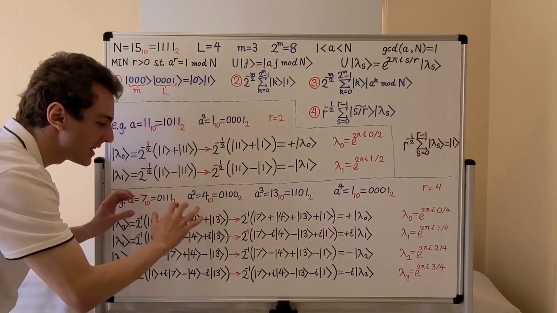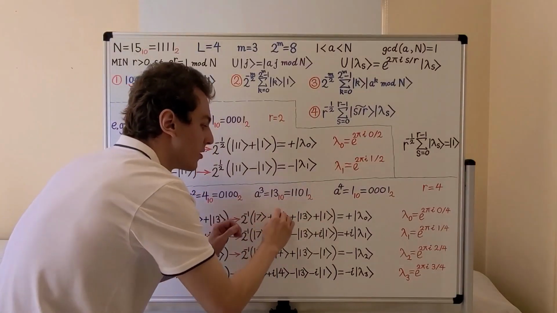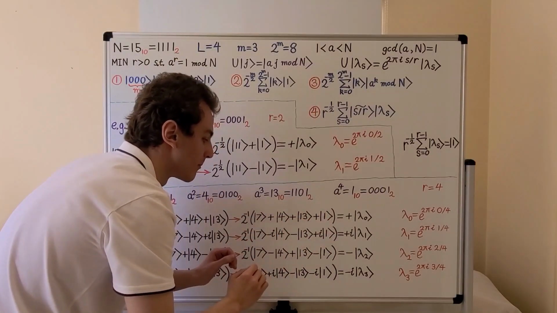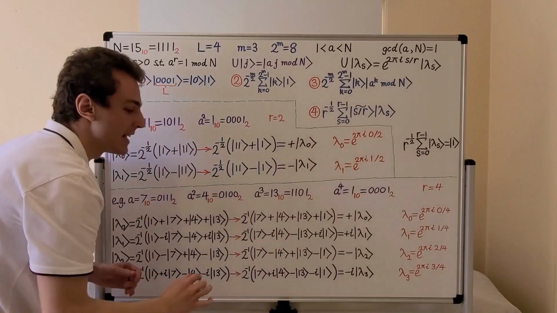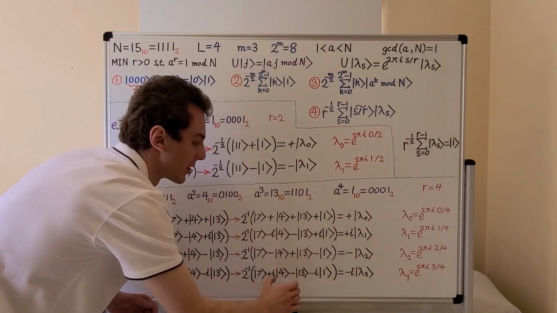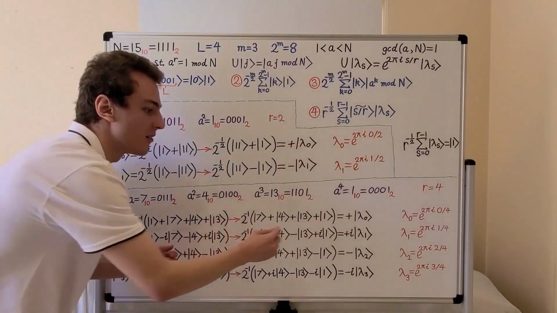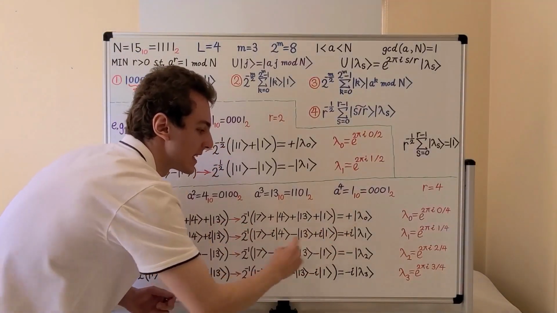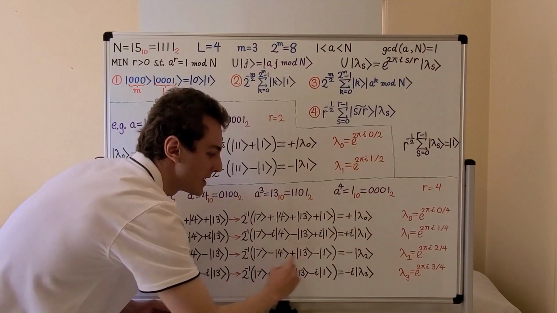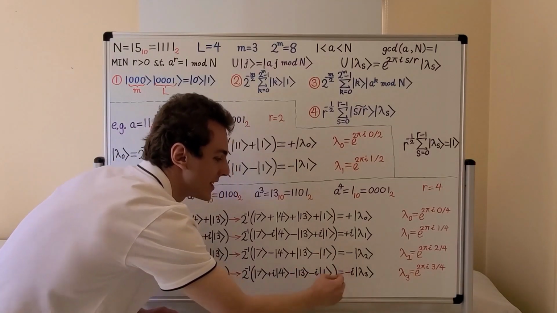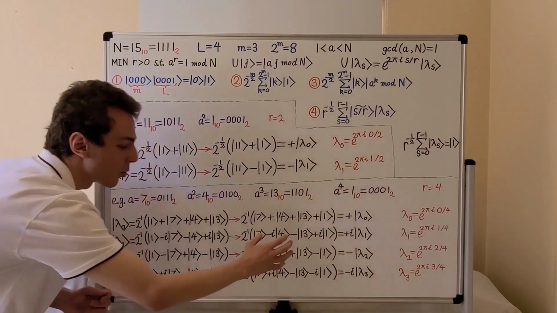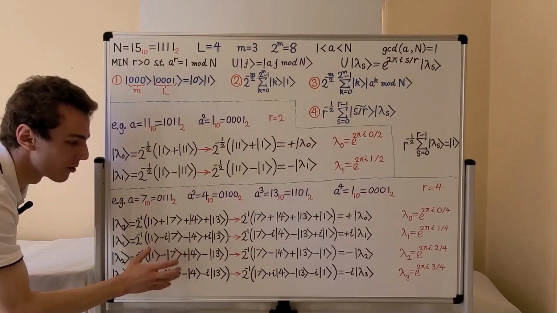And those states are consistently going to get mapped to 7, 4, 13, and 1. But what we're going to have is different coefficients appearing over here. But what we can observe is that if we factor out a value of plus I for this state, a value of minus 1 for this state, and a value of minus I for this state, we get back the same format that we started with over here.